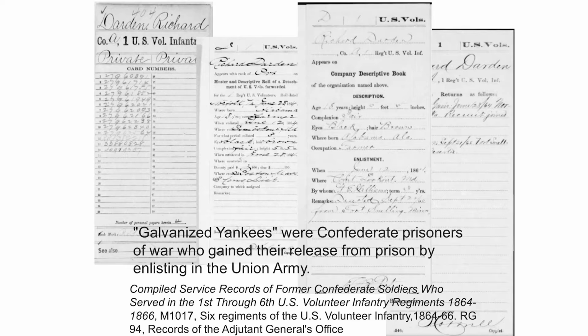But they're called Galvanized Yankees. And so you'll find the note in the muster. It will indicate that they were POWs who were released because they would join the Union Army. Okay? So that's interesting because you're going to find service as both a Confederate and in the Union.